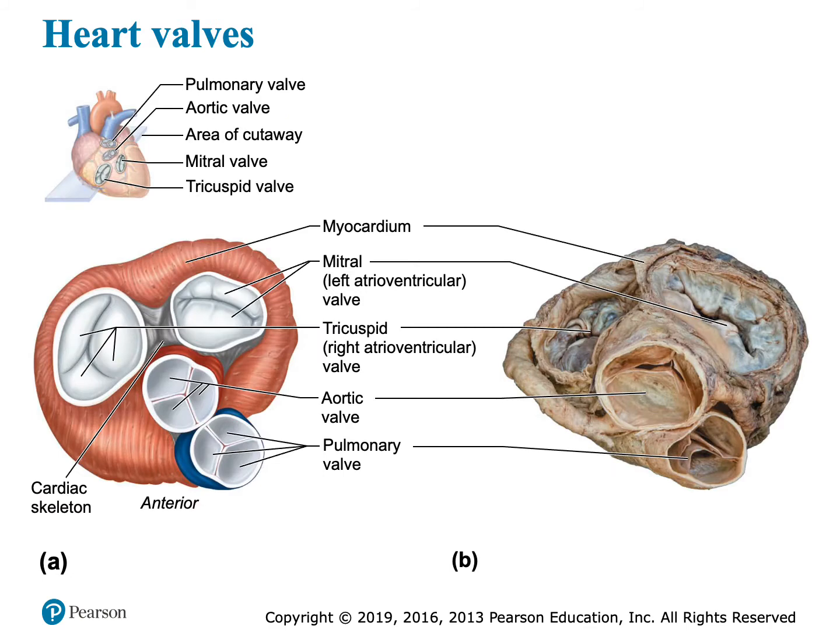So here you can see the reason that the AV valve on the right is called tricuspid is because it has 3 leaves. The mitral valve, also known as the bicuspid valve, only has 2 leaves. And then these guys, they kind of look like they're little pieces of a moon. There's a real one right there.